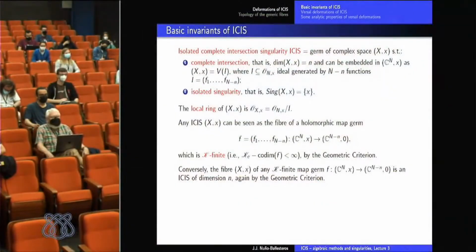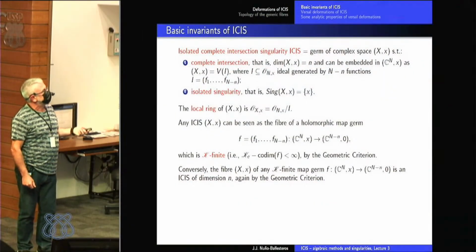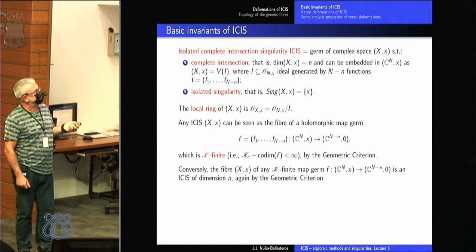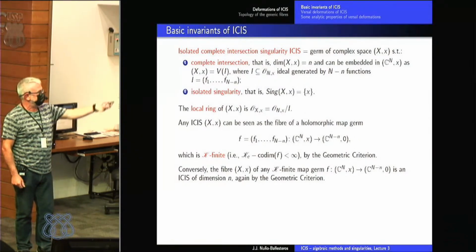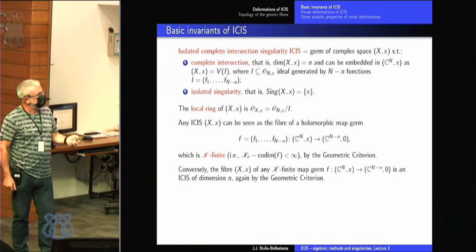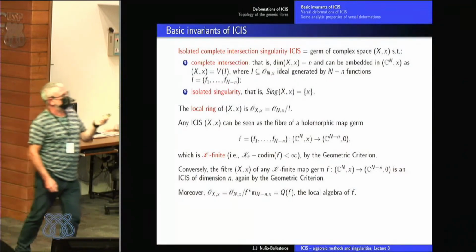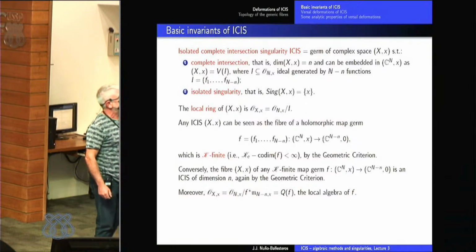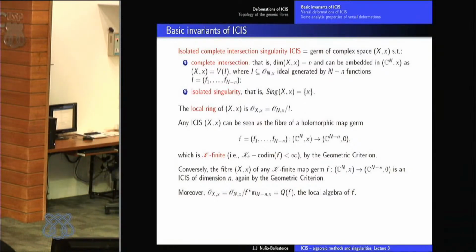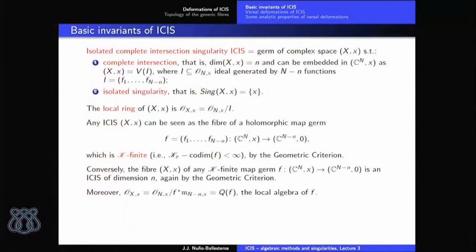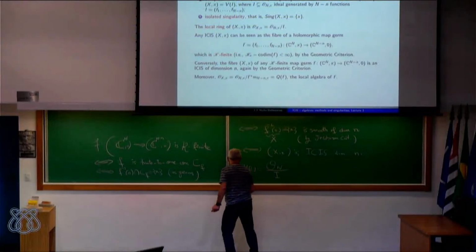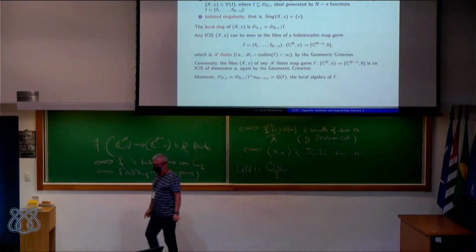So this is the converse. Conversely, the fiber of any K-finite map germ is an ICIS of dimension n', again by the geometric criterion. And moreover, the local ring of the ICIS X coincides with the local algebra of F. Recall that this object Q(F) was defined as O_n quotient the ideal I defined by the components of the mapping.